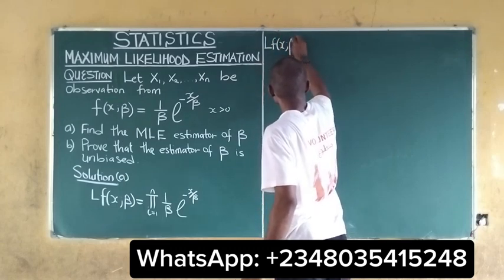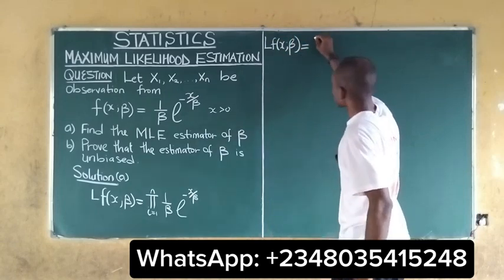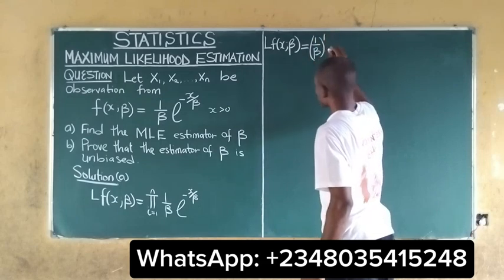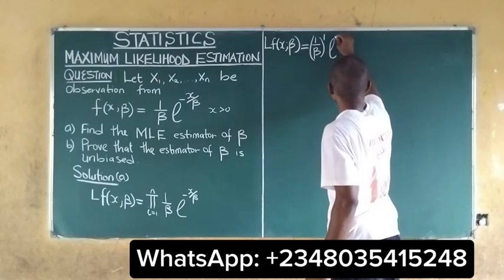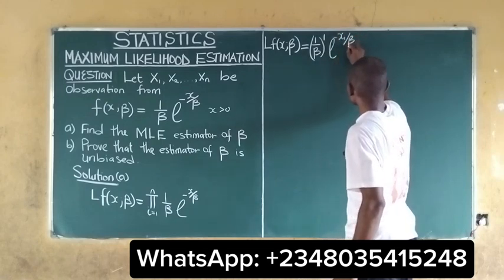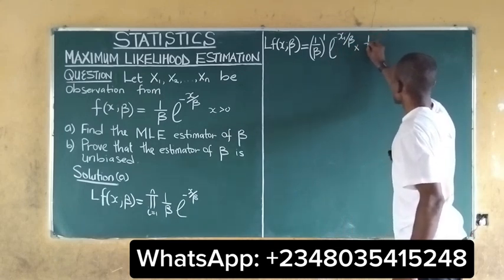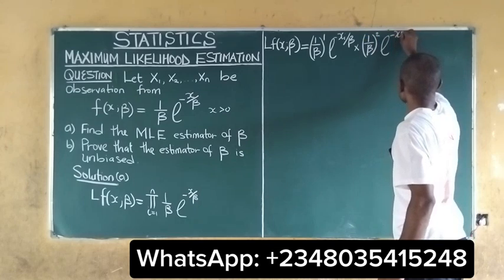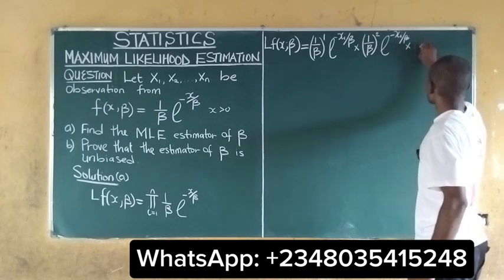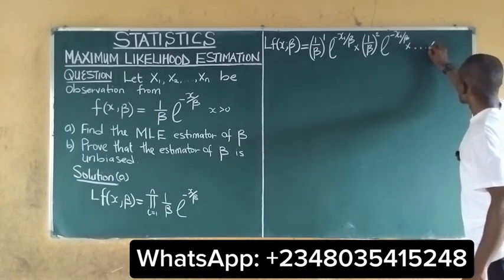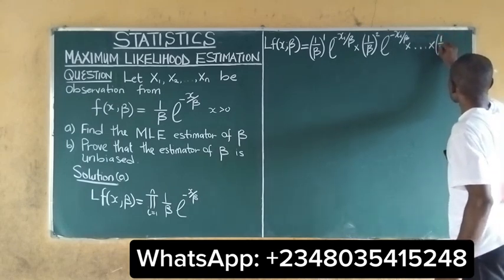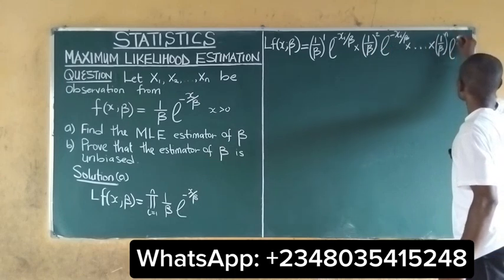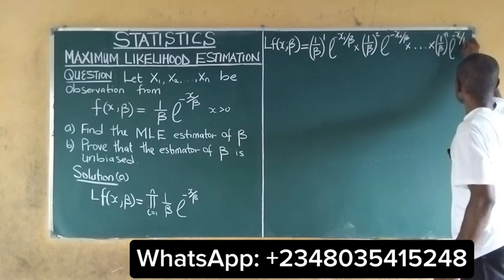We get the likelihood function f of x, beta, to be equal to 1 all over beta raised to the power of 1, exponential xi, multiplied by 1 all over beta to the 2, exponential xi all over beta, multiplied by, it continues that way, and we get 1 all over beta raised to the power of n times, exponential negative xi's all over beta.